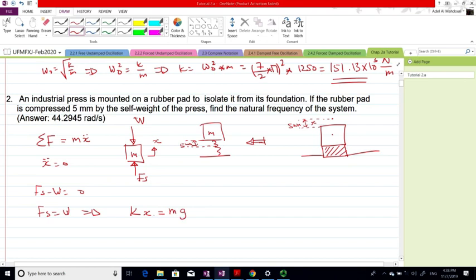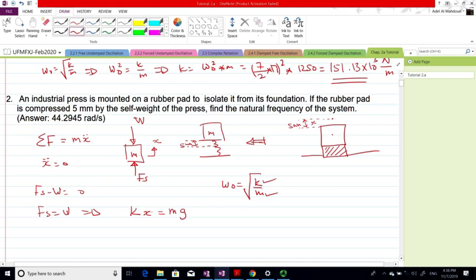Normally, if you would like to know the angular frequency, it will be the square root of k over m, isn't it? We don't have k, we don't have m. We have only the displacement, right? So from here, we can find that.